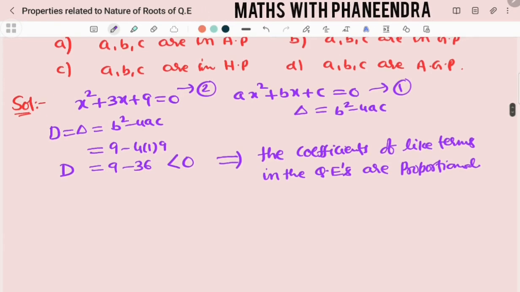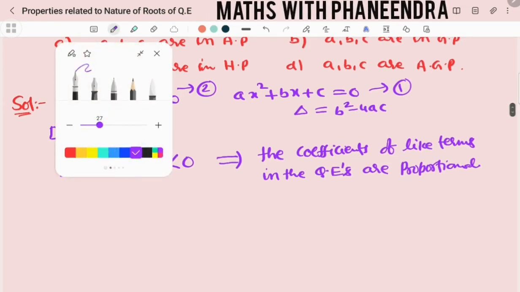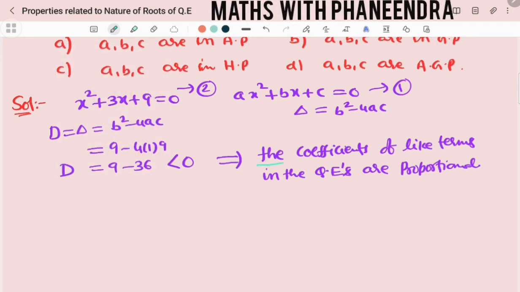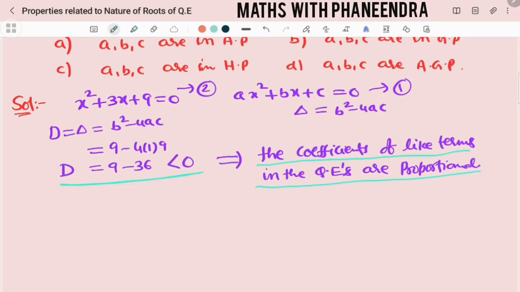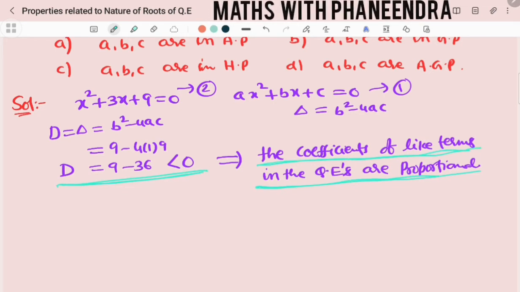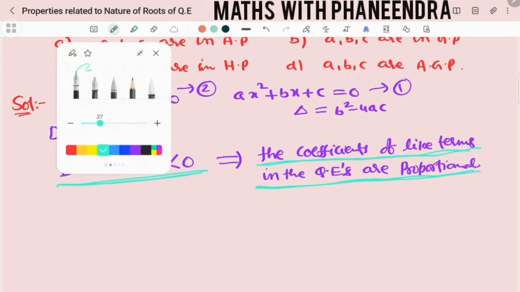Keep in mind, whenever the discriminant is less than 0, the coefficients of like terms in the quadratic equations are in proportion.